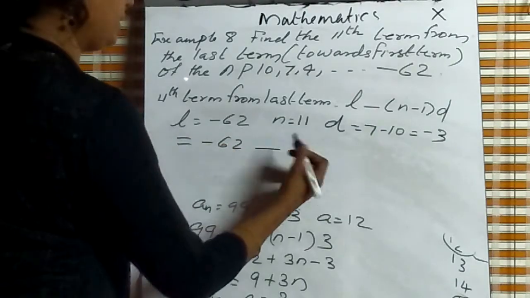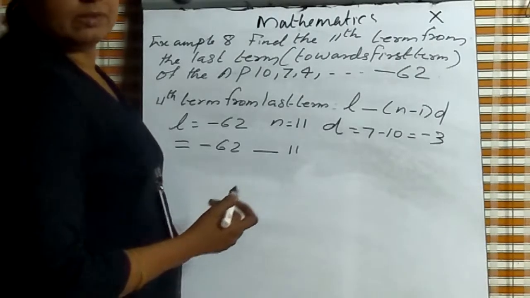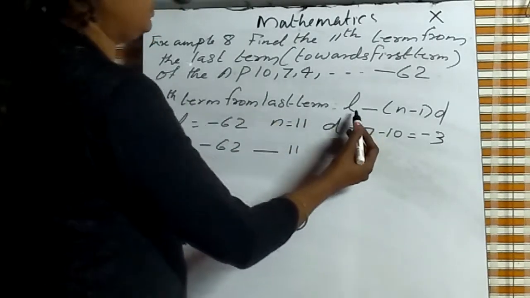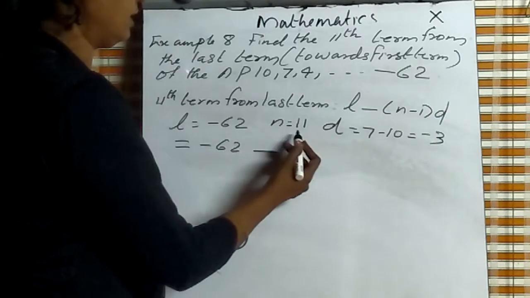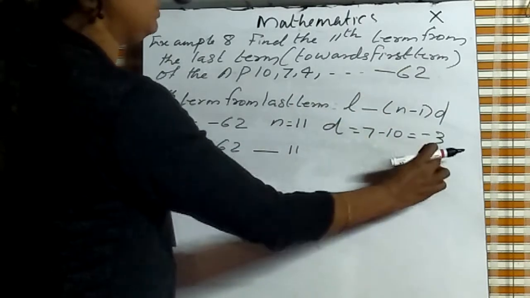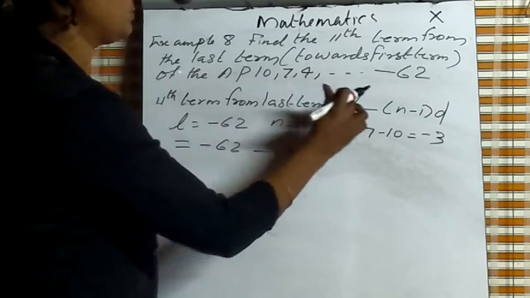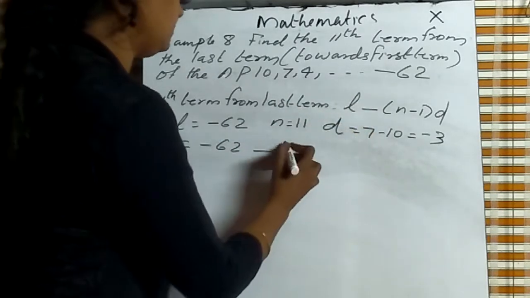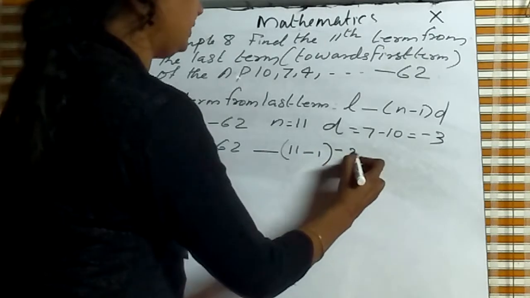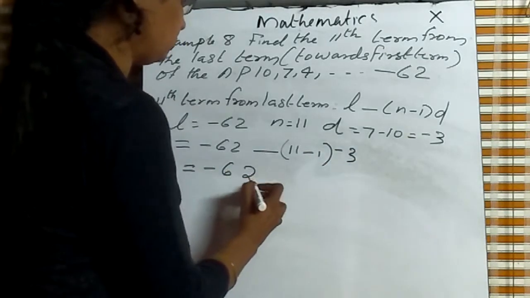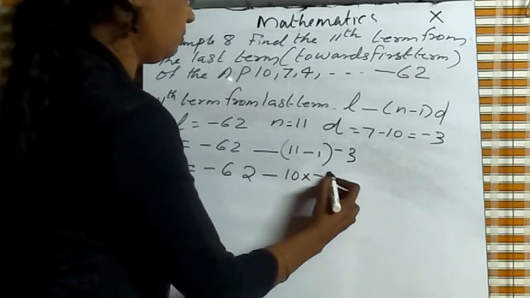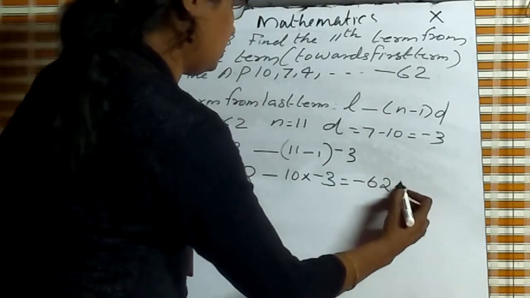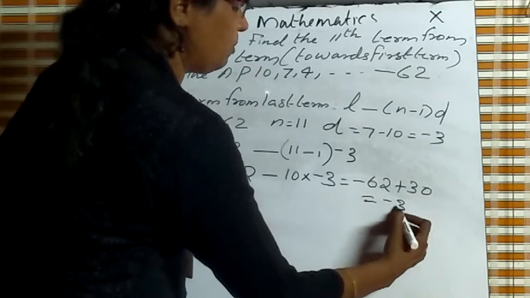Minus 62 minus 11 minus 1 into minus 3 is equal to minus 62 minus 10 into minus 3, equals minus 62 plus 30, which is equal to minus 32.